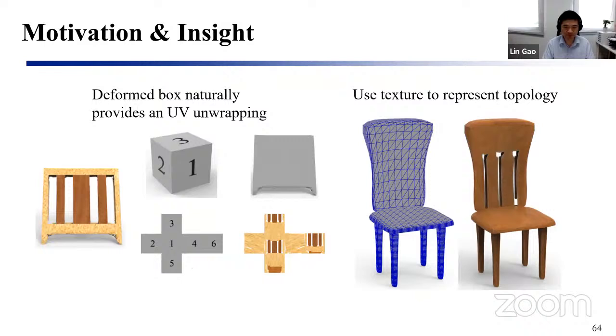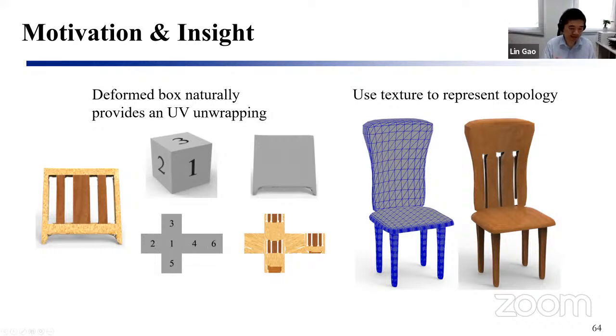Look at this figure. The key insight is that with the box structure, we could decompose complex models into boxes. And for each box, if we open the box, we could get an image. This image, like the left figure, is the opened box with 3 patches.